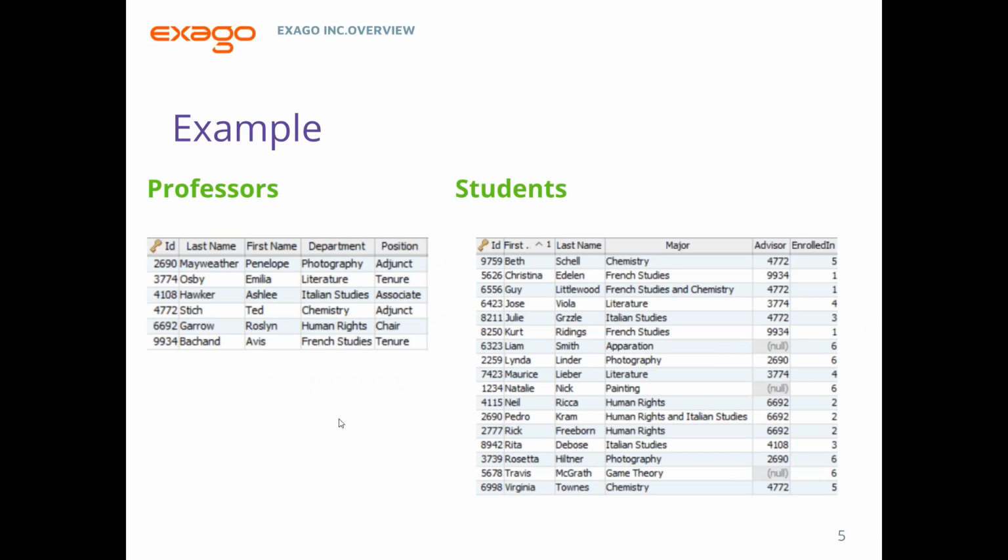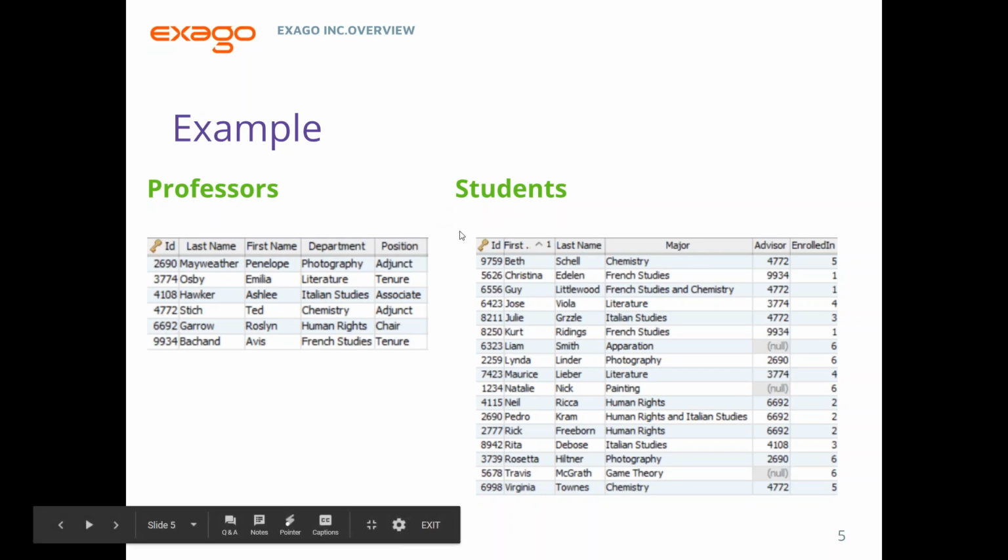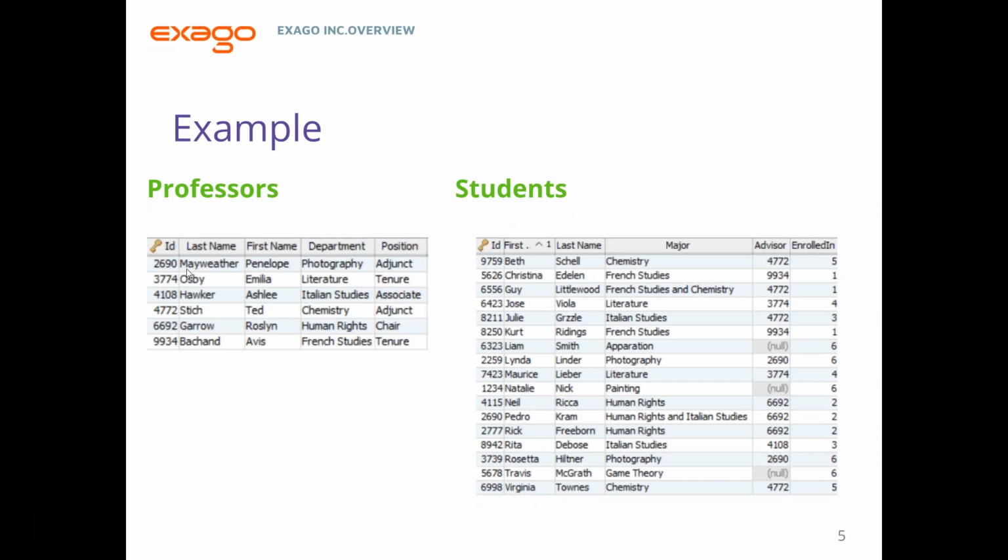So to show what that looks like, our data objects, if you're familiar with BI and databases, these will be tables. If you're not familiar with that, think of these as different worksheets in an Excel workbook, right? They're just columns of data, and they list information. So for our professors, we have their name, their position, their department, and for students, we have their name, their major, and you'll notice this column here that says their advisor.